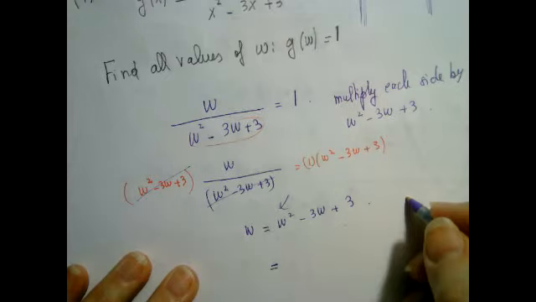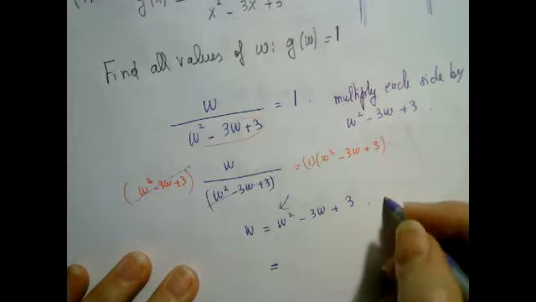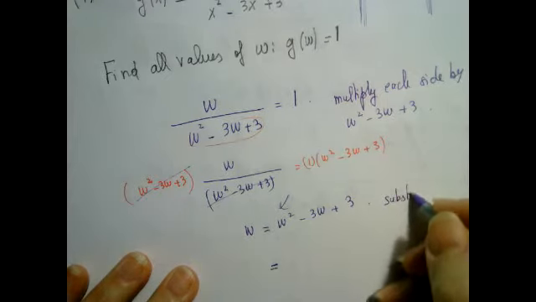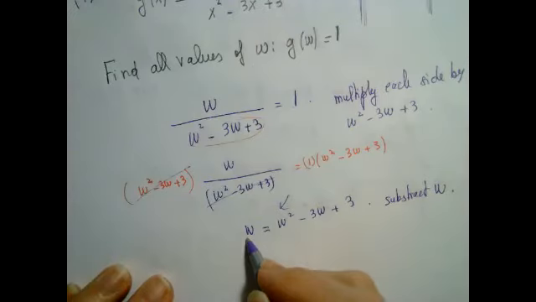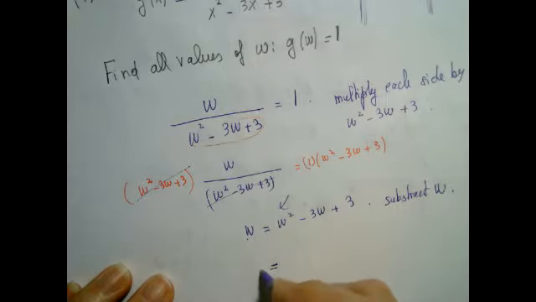Will you then subtract the w? I subtract the w. Right. One side has to be only 0 and I move everything. So it's easier to make this side 0 because I have only one term in here. So if I take the w away from here, I'm going to get a 0.